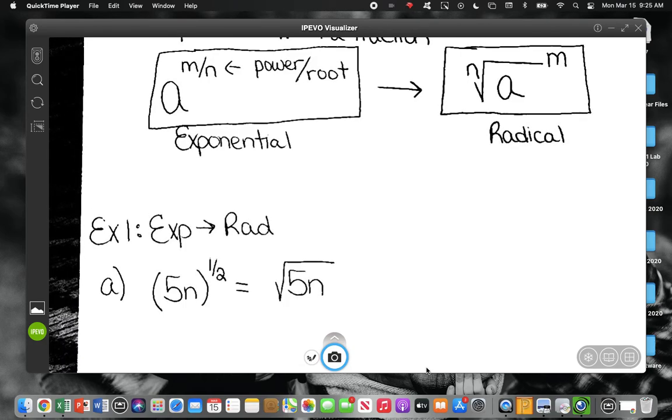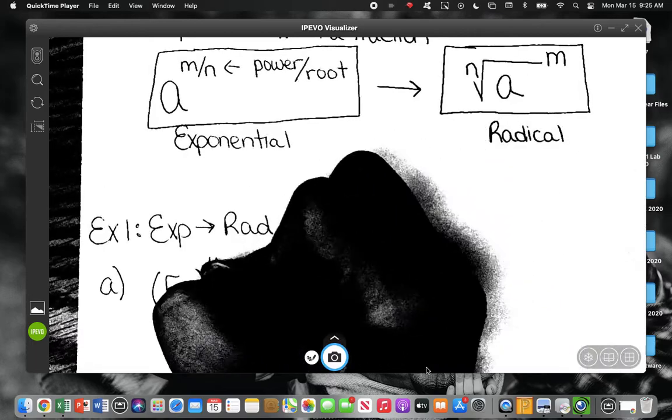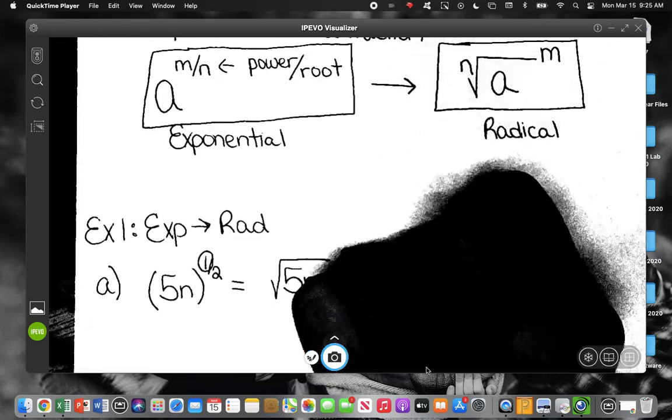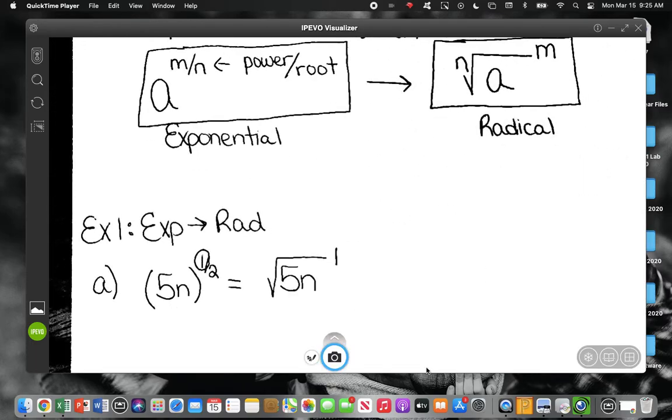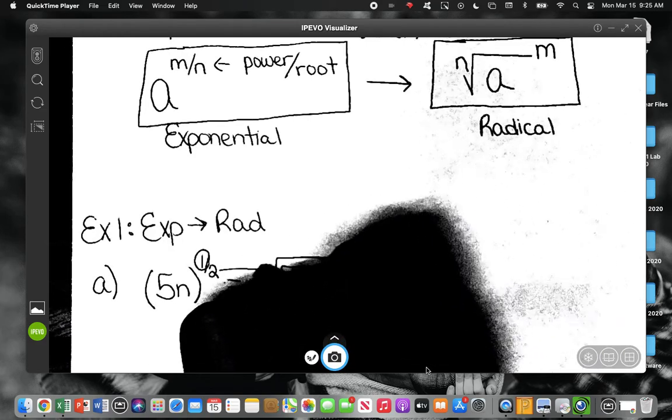Is it to the first power or is it to the second power? I'm going to say the power is the numerator. So my power is 1. So it goes at the end as the exponent. And then my 2 is the root. And so the root is going to go here.